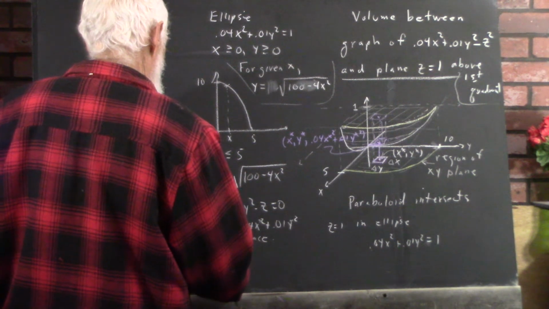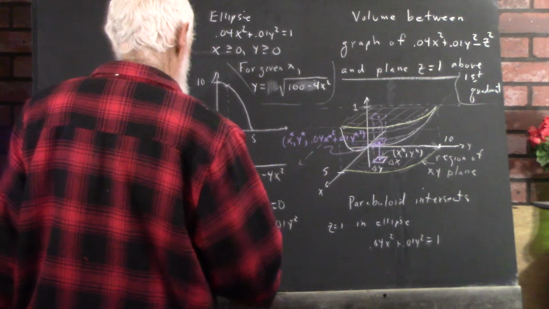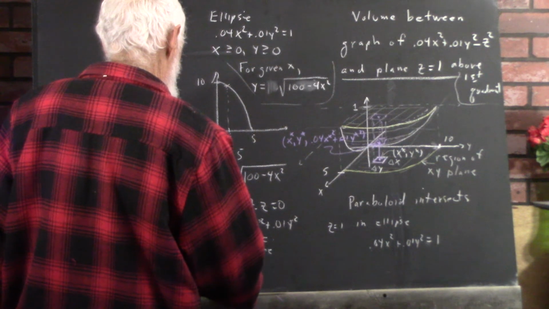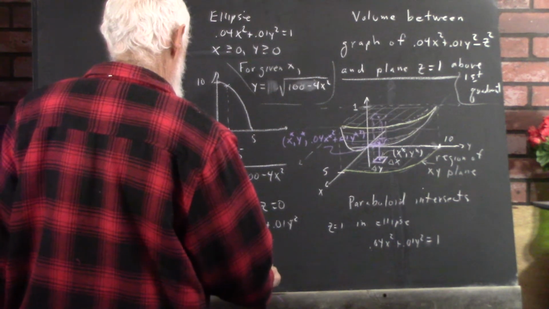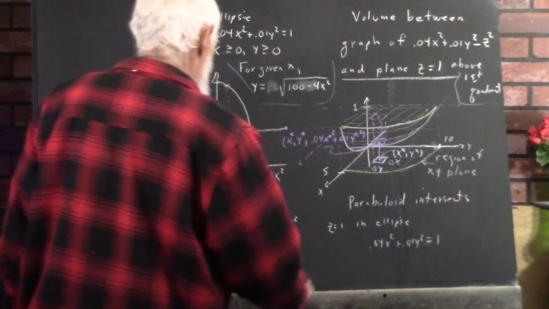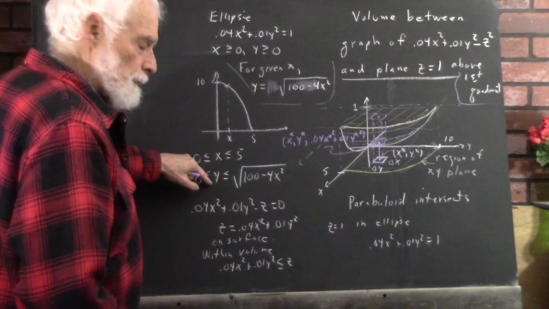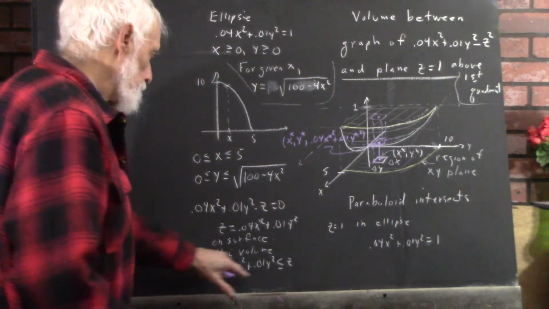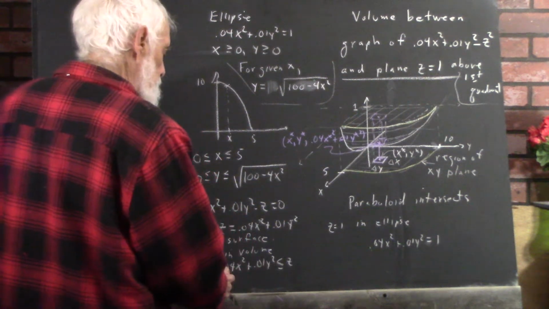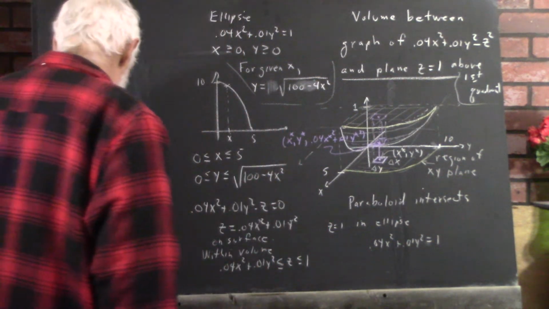And I can say then that within the volume, if your x and y are defined by these inequalities, then your z-coordinate runs from this coordinate to 1.